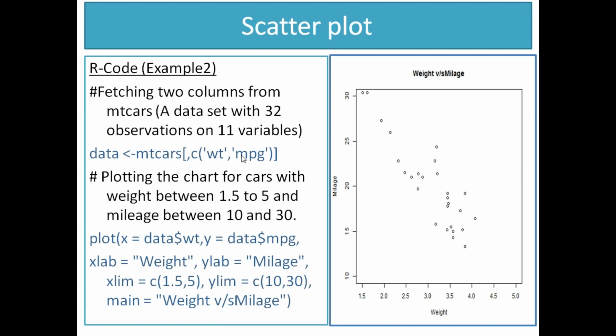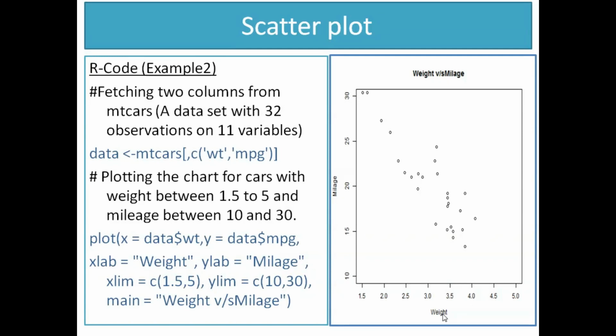Now another example, a more difficult one compared to the previous one. Here we have taken the readily available data set mtcars. mtcars, that means Motor Trend Car Road Tests, is a data set with 32 observations on 11 variables. Now, from this data set, we will take two columns and plot the graph.